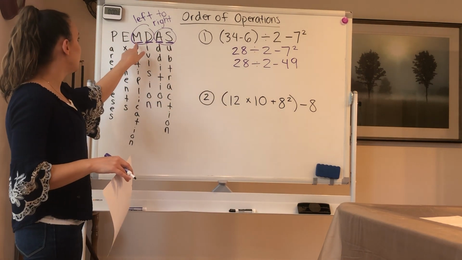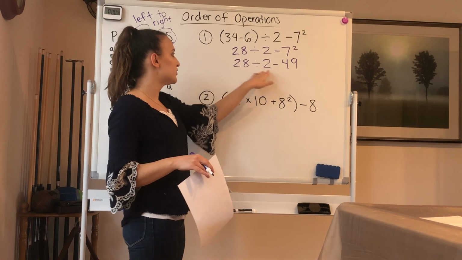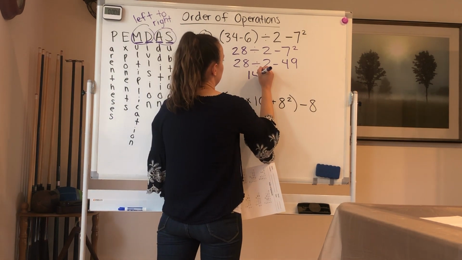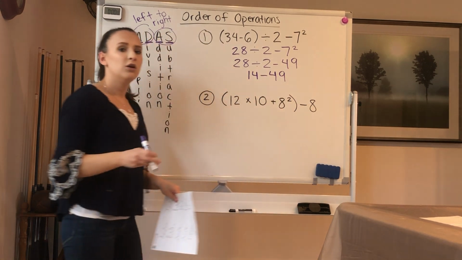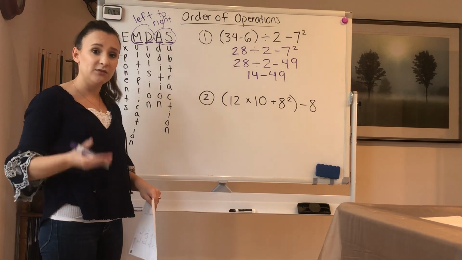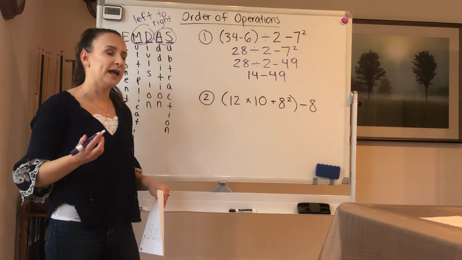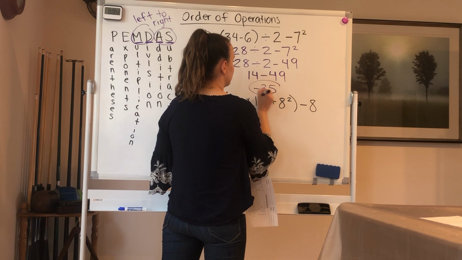If you look at PEMDAS, division comes before subtraction, so you want to do this part first. 28 divided by 2, and that's 14, minus 49. 14 minus 49, that's going to be a negative number, so you can really just do 49 minus 14 and then make it negative. So that's negative 35, and that's your answer.